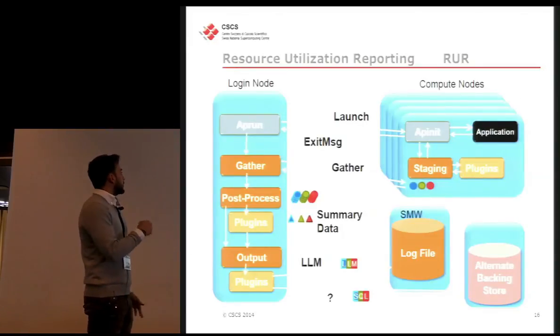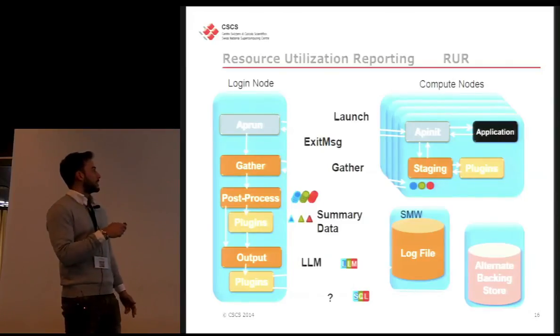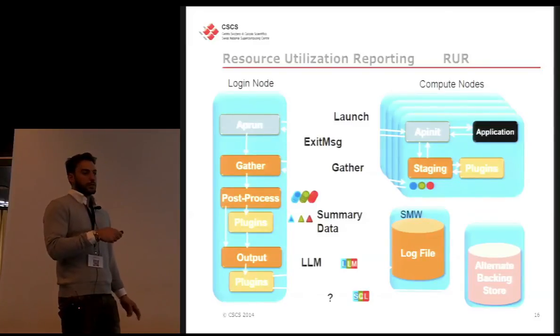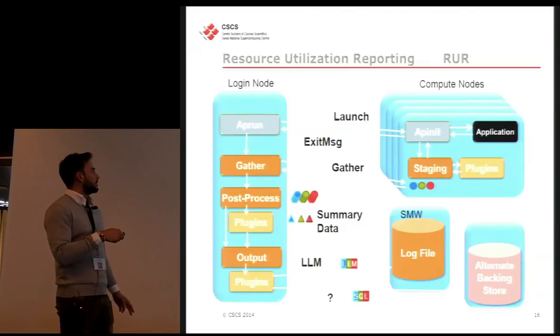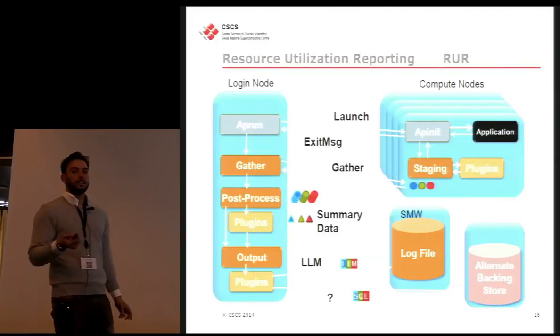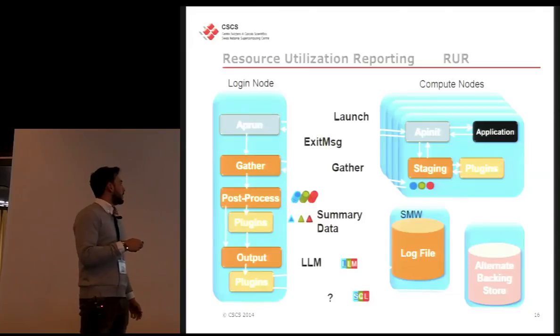This is the schema. We have a first stage called data staging. Then when all the jobs or the job steps run, we have a post-processing stage where statistics and sums and other calculations are done.